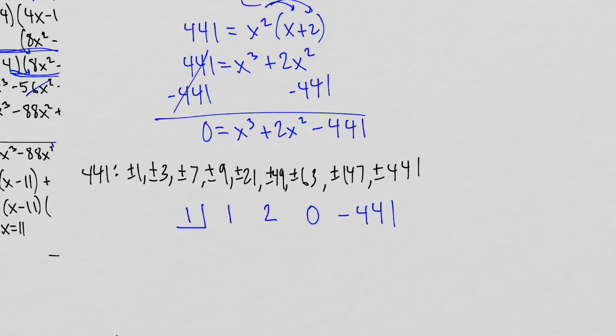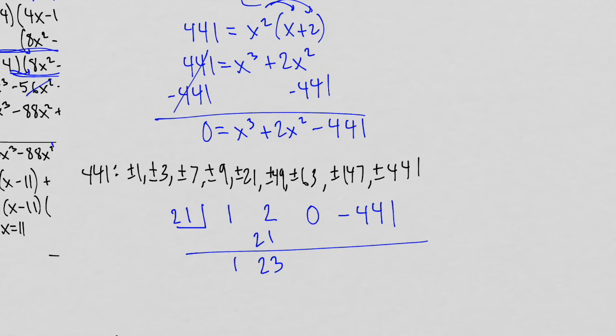Let's go to, what do you guys think? All the way up to 21? Why not? Let's go to 21. Okay, bring down the 1. 21 times 1 is 21. That's 23. 21 times 23 is going to be a giant number, 400 and something.